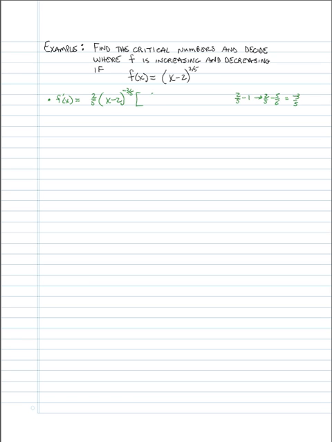And then don't forget, we have to multiply by the derivative of what's inside the parentheses, and that derivative is 1. So we have f prime of x is 2/5. Let's rewrite this so that we don't have a negative exponent. That's 1 over (x minus 2) to the positive 3/5 power.